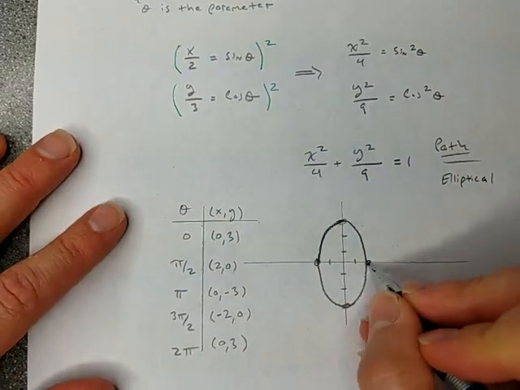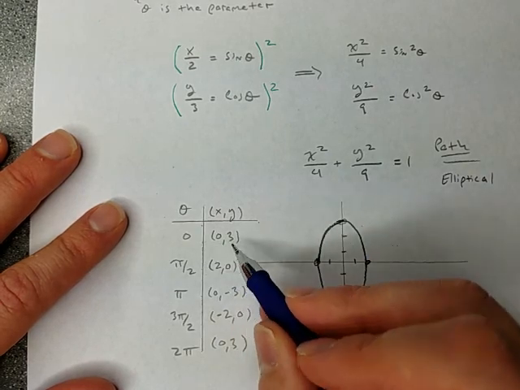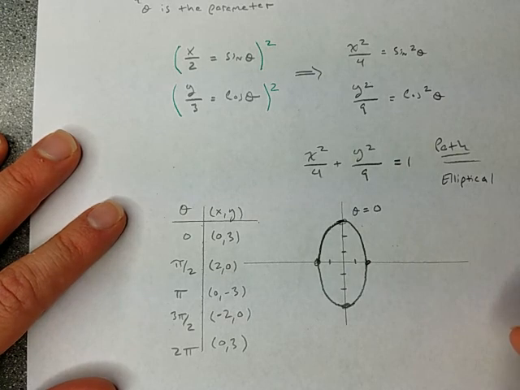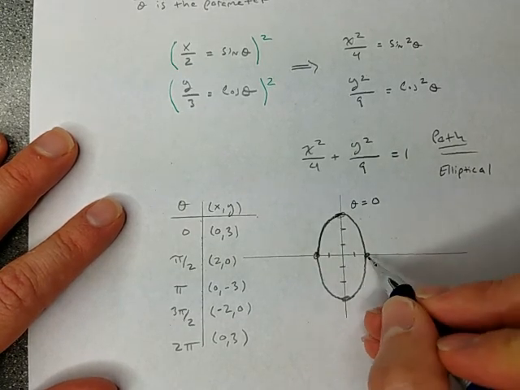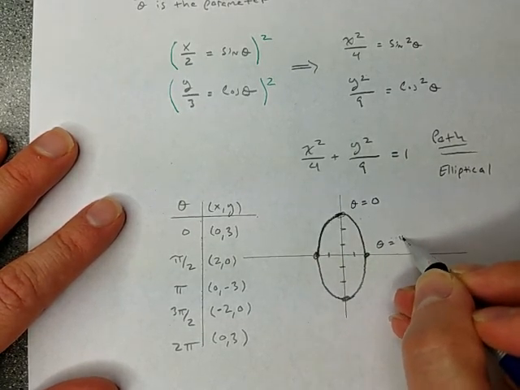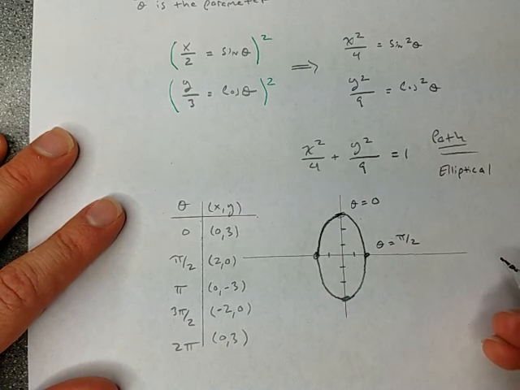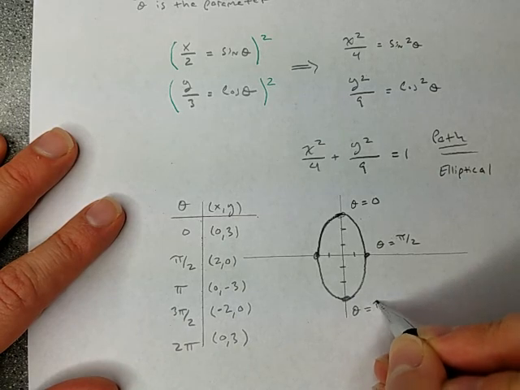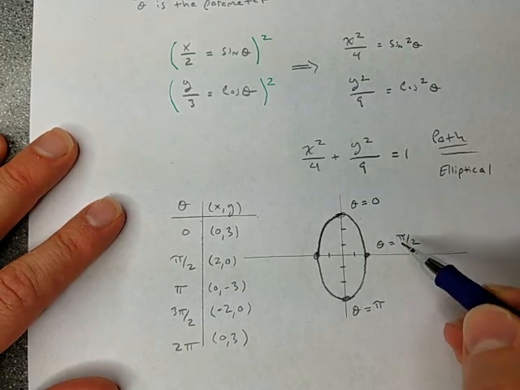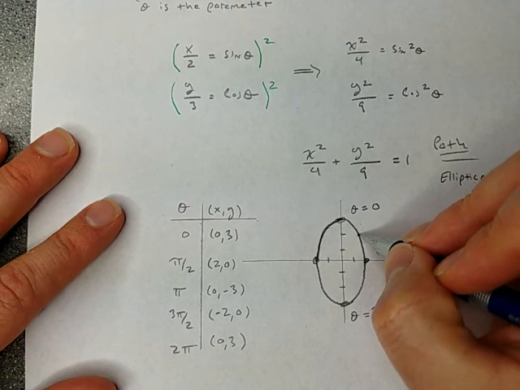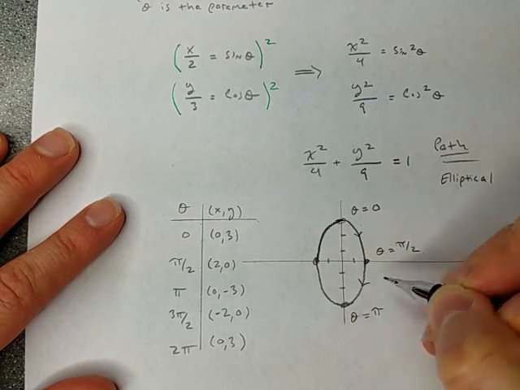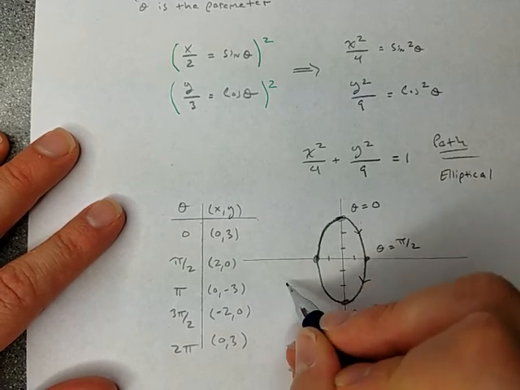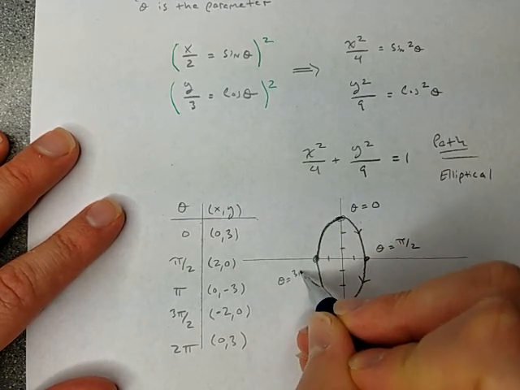Okay. You'll start here, 0, 3, when theta is 0. And then you'll be here when theta is pi over 2. And then you'll be here when theta is pi. So I see as the parameter theta increases, it's taking me like that. Okay, keep going. Here, theta is 3 pi over 2.